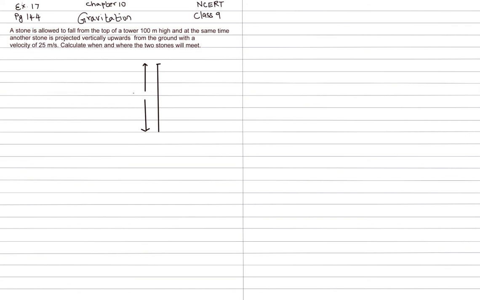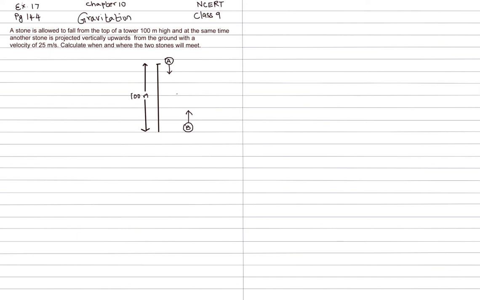And a ball A is allowed to fall in the downward direction. At the same time, another ball B is thrown vertically upwards. So let's call ball 1 as A and ball 2 as B.